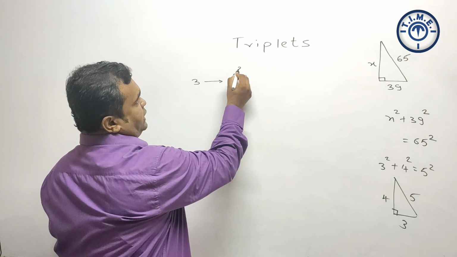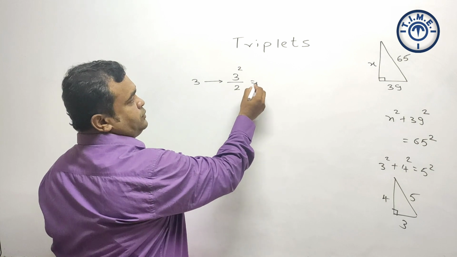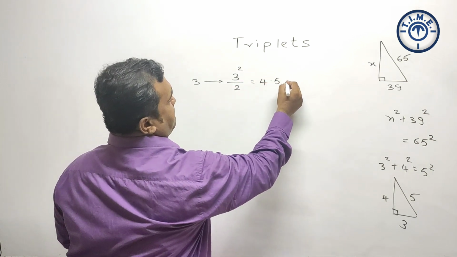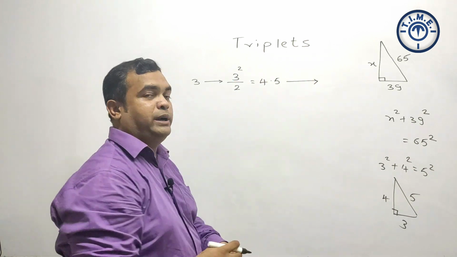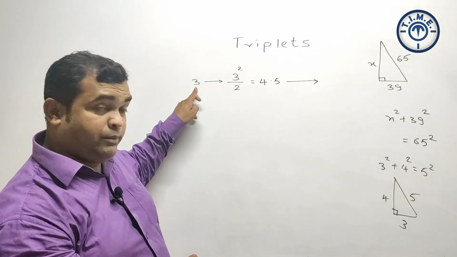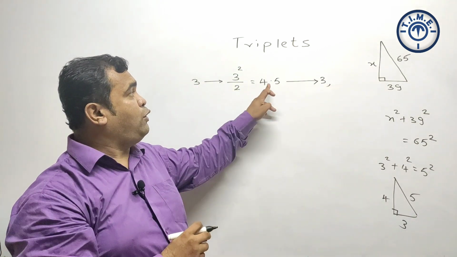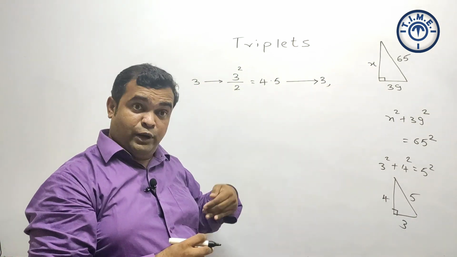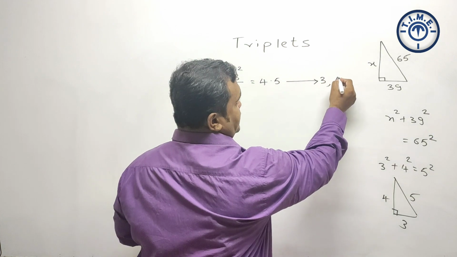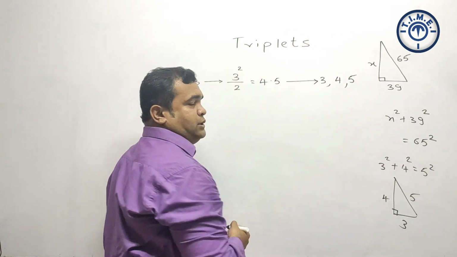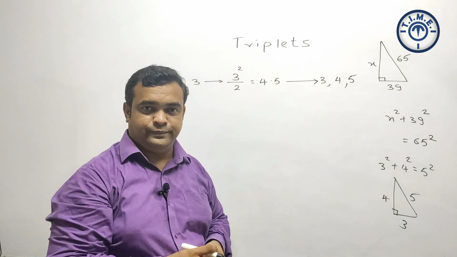You make a square of it, divide by 2. 9 divided by 2, your answer is 4.5. So 3 will be the smallest number in that triplet. The integer below 4.5 is 4, the integer above 4.5 is 5. So your triplet is 3, 4, 5.